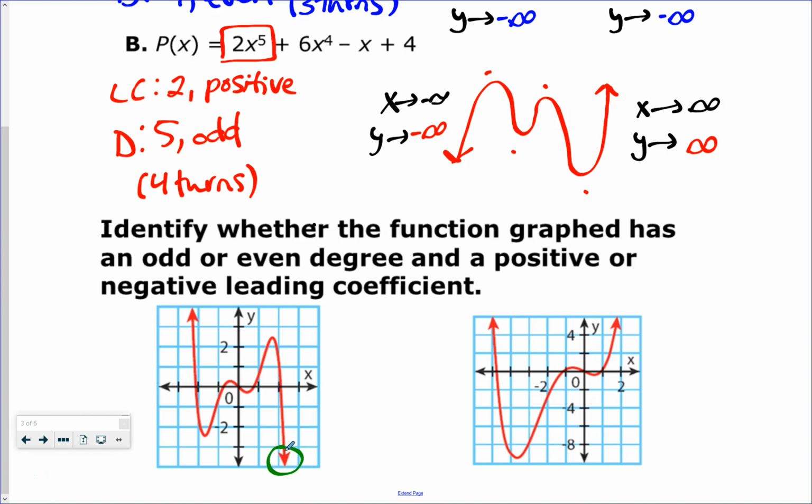So my leading coefficient is a negative something. We don't know what it is, but we just know it's negative. Our degree, since my ends are opposite, it's going to be an odd number.